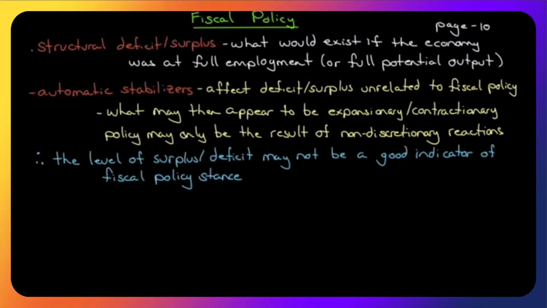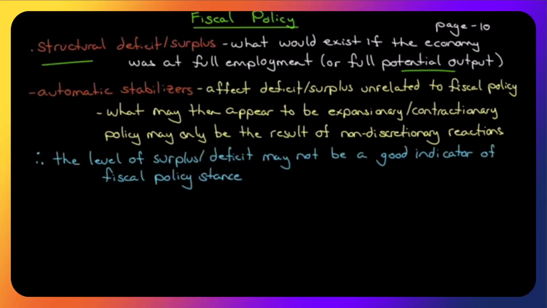What is the difference between a deficit and a structural deficit? So we have to introduce the term structural deficit and surplus. What would exist if the economy was at full employment or full potential output? Then we would determine what the structural deficit or surplus is.